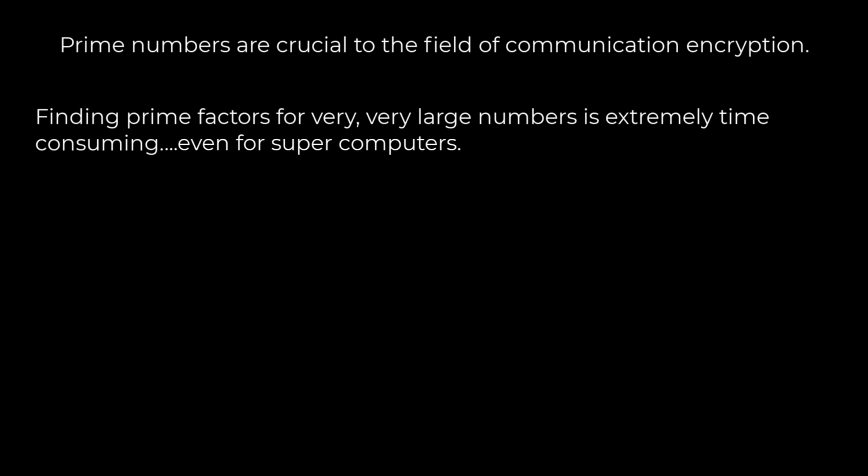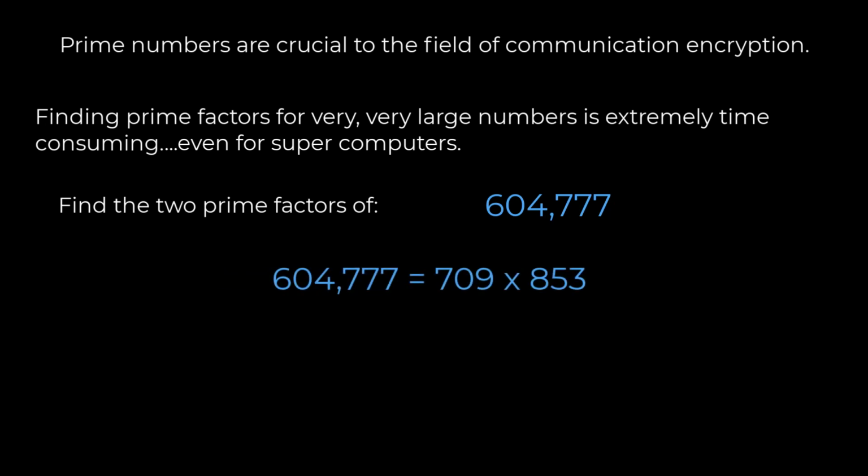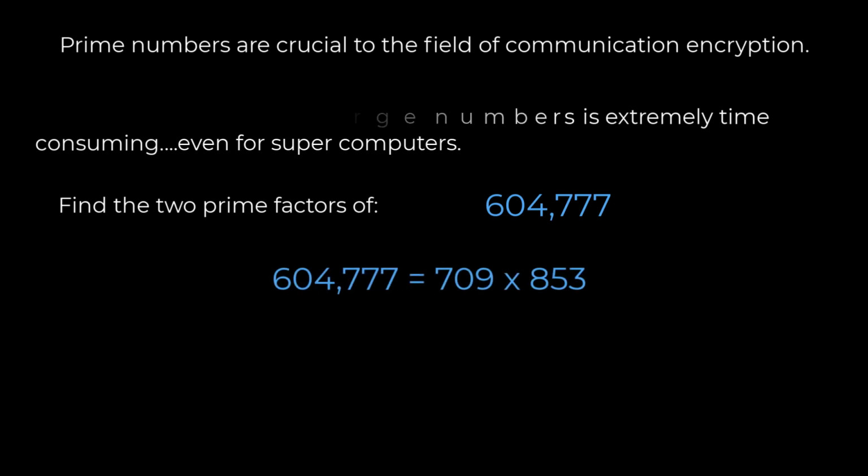Suppose instead of giving you the number 60 to find the prime factors, I quite sadistically gave you the number 604,777 and asked you to find the prime factors. Even though 604,777 is the product of only 2 prime numbers, it would take you a very, very long time to figure out that those 2 prime numbers are 709 and 853.